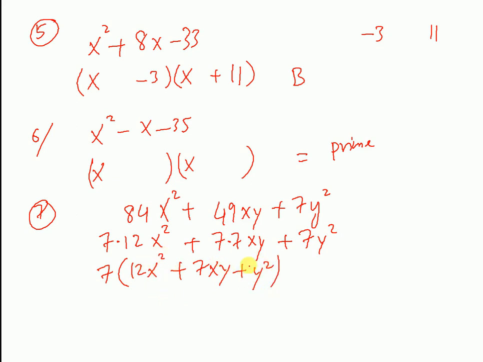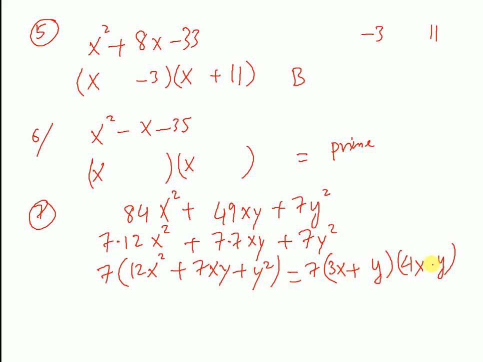Now this expression inside here, I can factor into another two factors. There's a 12x squared, so I can write 3x and 4x, because 3x times 4x gives me 12x squared. Now the second term is the y term, because y times y gives me back y squared.